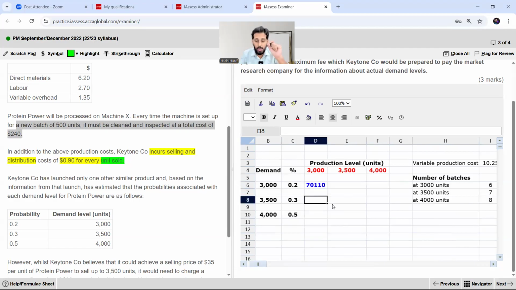Now in working number 2, you are producing 3000 units and the demand is 3500. This is a very simple point. I have produced 3000 units, 3000 units are here at my shop, but the demand is 3500 units. So how many units can I sell?